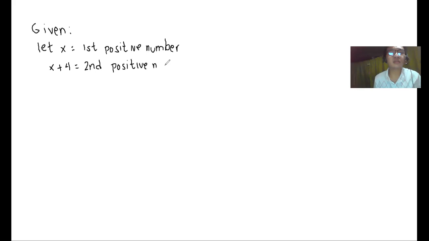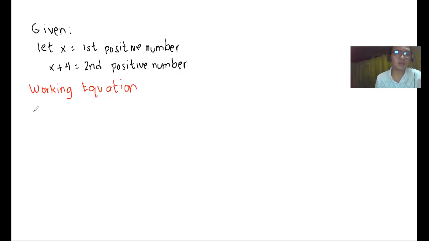All right. Now, since we already have our representation, let's create our working equation. According to the problem, the product of two positive numbers is 60, so we just multiply.